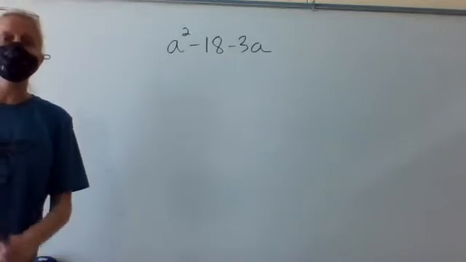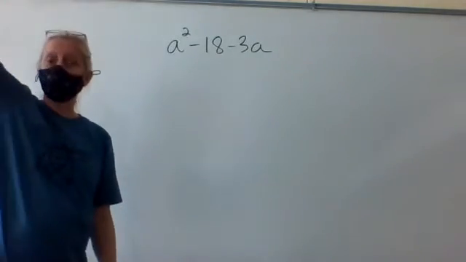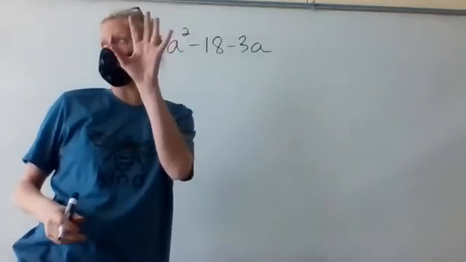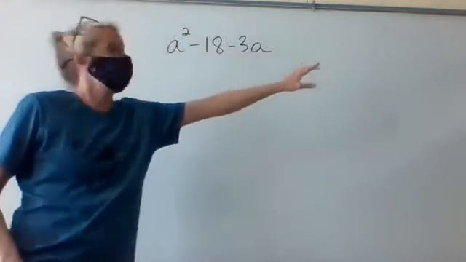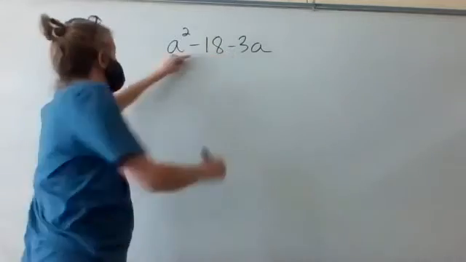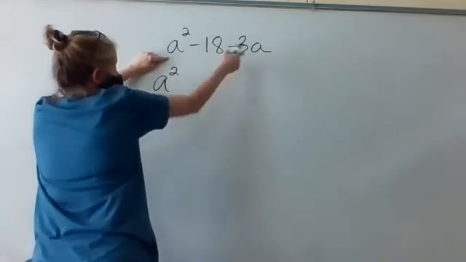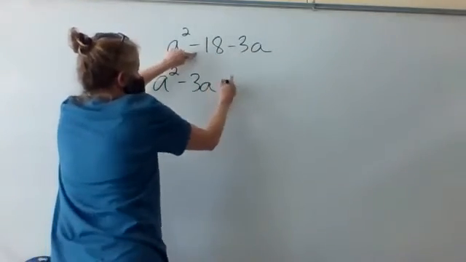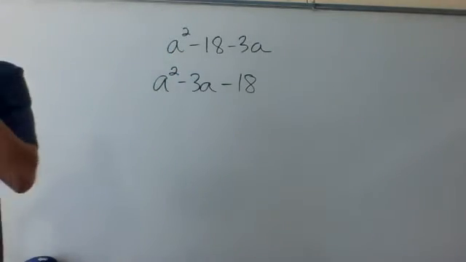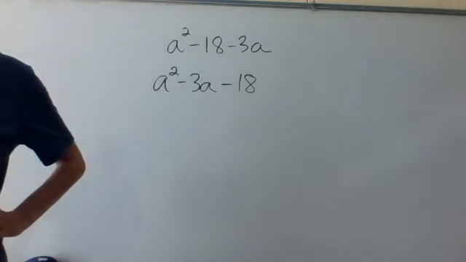Before you factor, your terms need to start with the highest exponent and go down from there. The constant, the number without the letter, always goes at the end. So you just need to flip-flop those 2 terms to put them in the right order. So you have a squared, then the minus 3a, then the minus 18. So now it's set up.